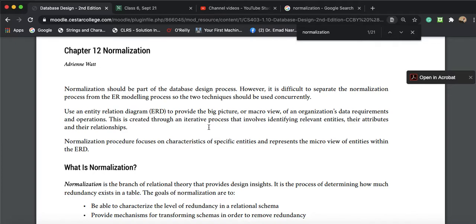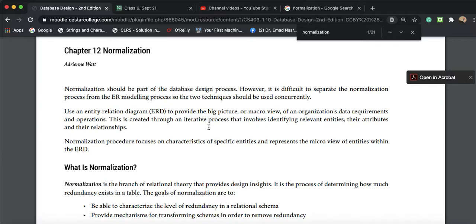But when we have more and more data, because of the bad design, it will start having problems, errors, and depending on how bad it is, it may collapse. So it's very, very important, very critical, very serious that the design is a good design.